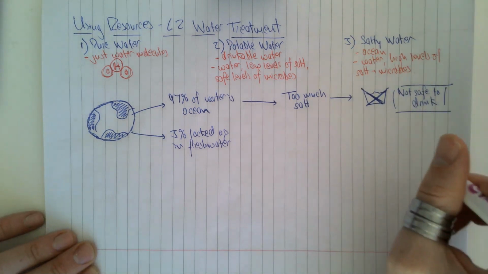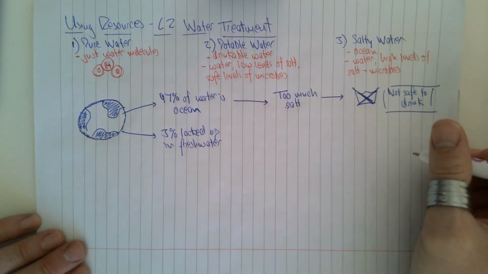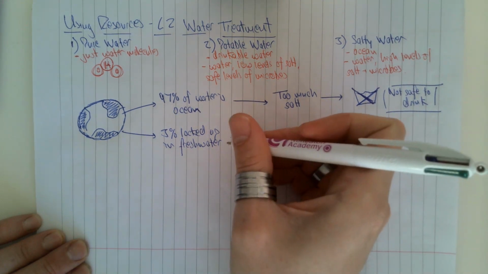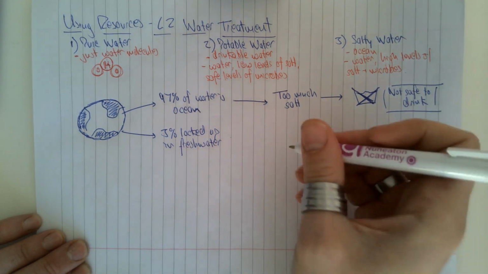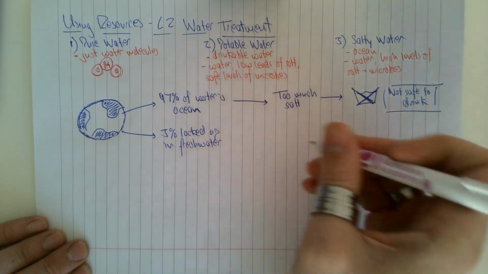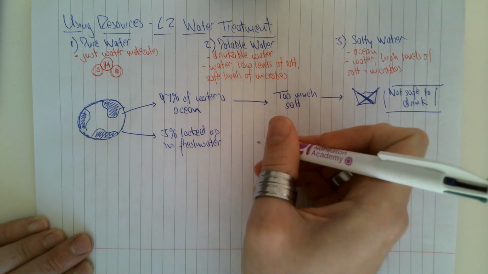But one of the main ways in which we go about obtaining water is through the process of desalination.